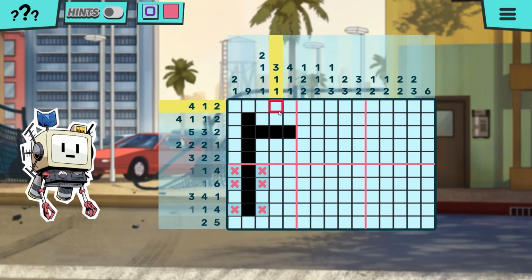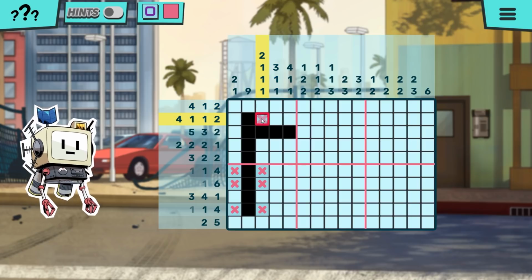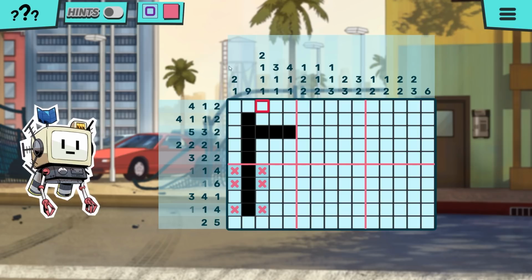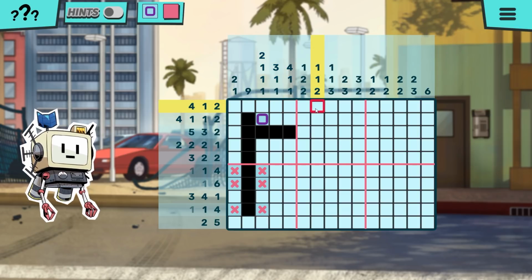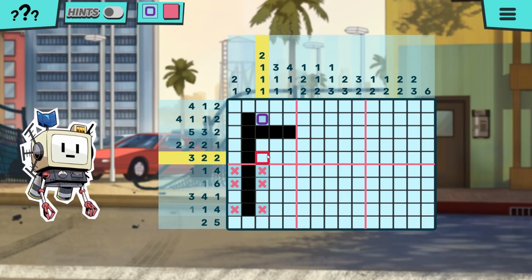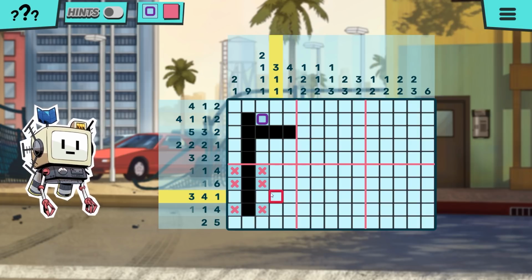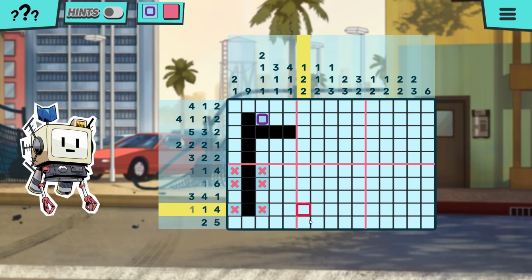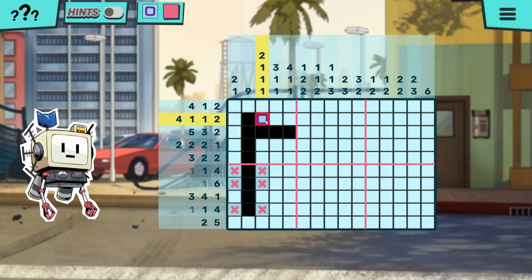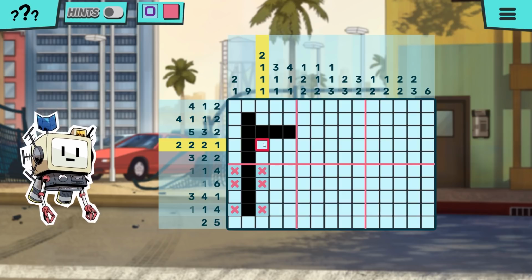So, for conjecture's sake, maybe what I should do is put this here. Let's say that that is 2. That's as far as that 2 can be. The 2 has to be the first thing in this row. That would mean that a 1 would have to be here, a 1 here, and a 1 here. The other way that it could go would be if it was here, but that's impossible.